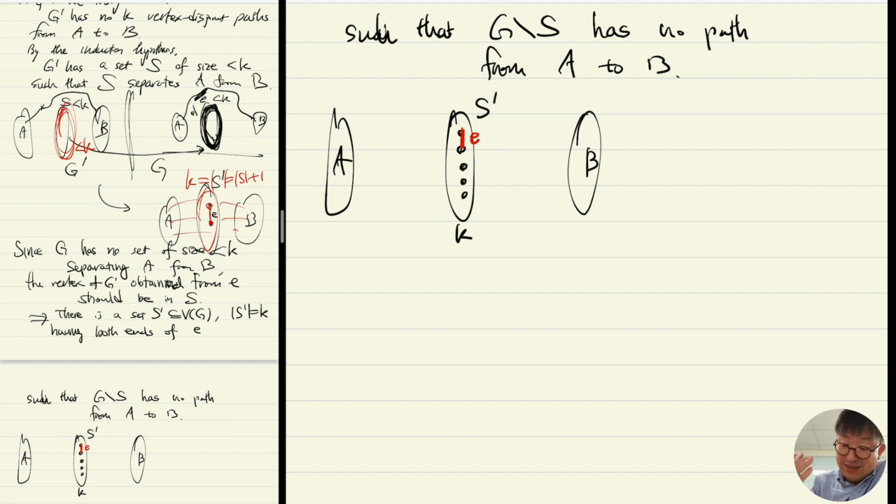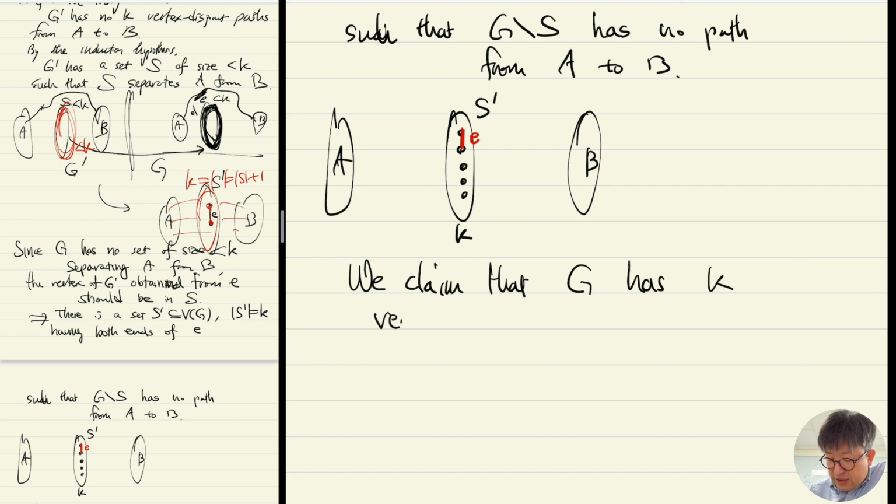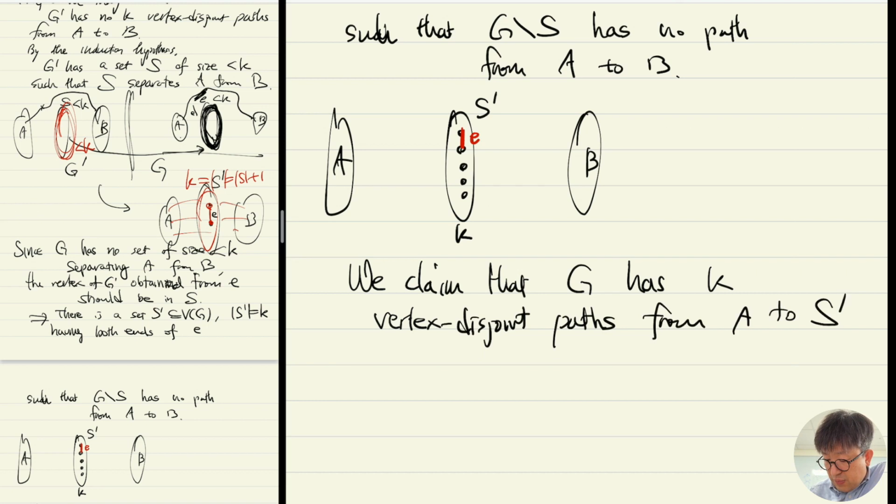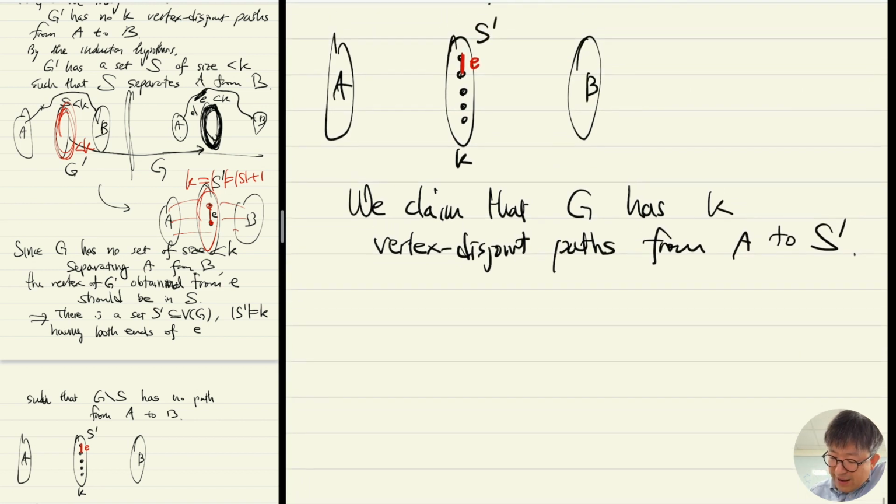Because of induction, what we do is we claim that G has K vertex disjoint paths from A to S prime. Okay, why?